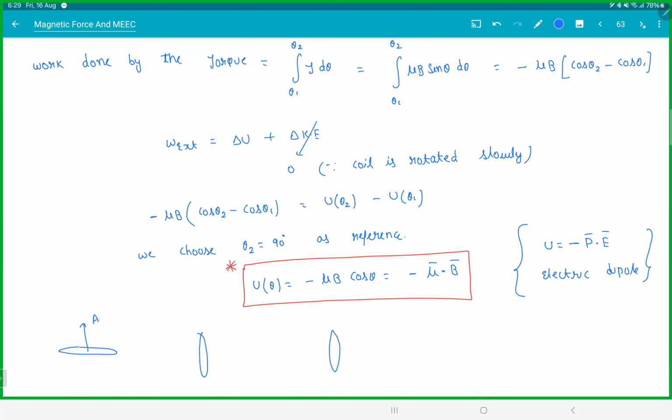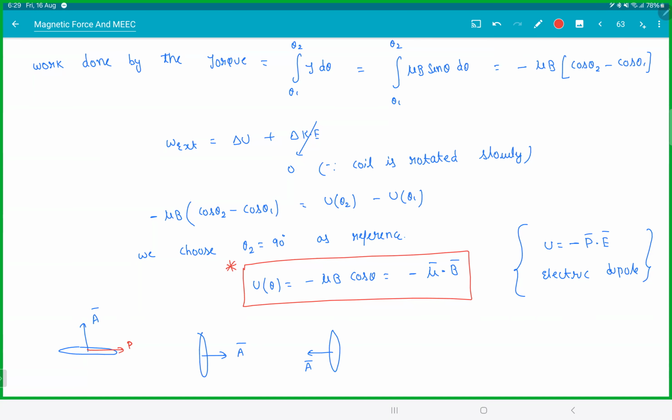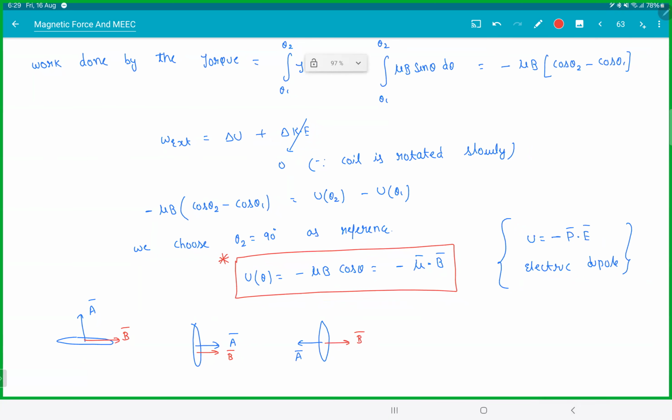So this is A bar. This is A bar. This is A bar. This is B bar, B bar, and B bar. Here theta is 90. Torque is maximum.